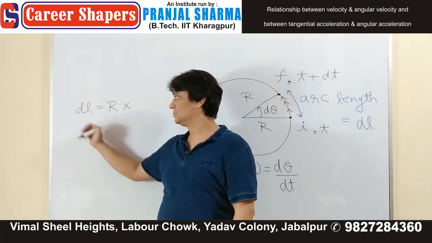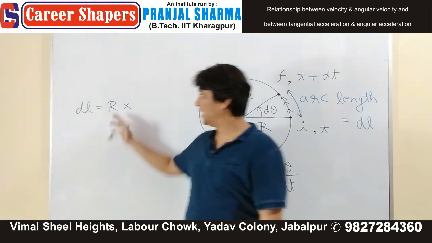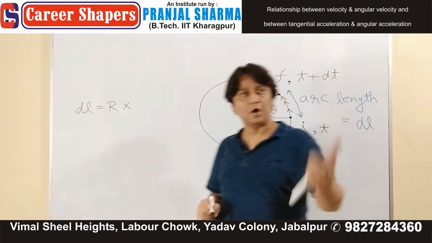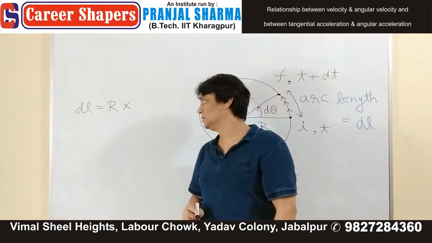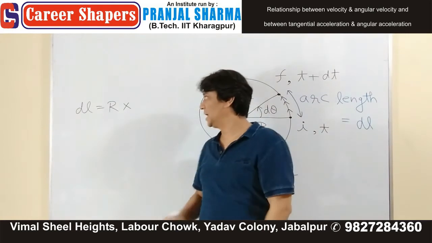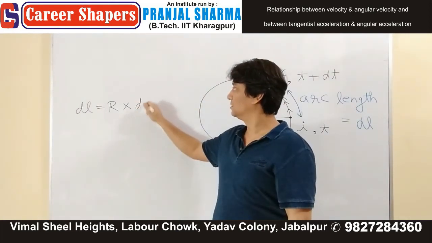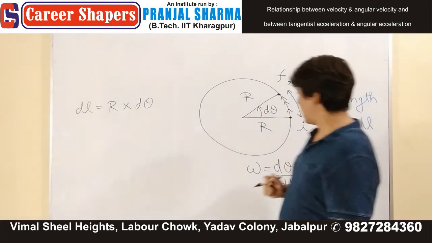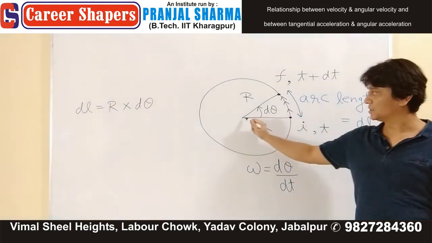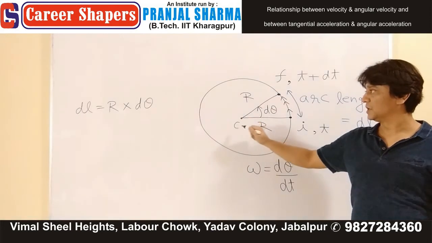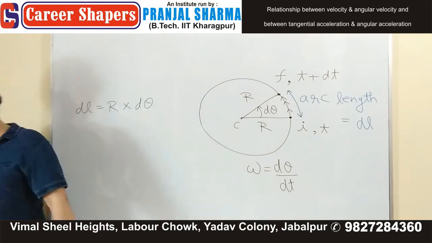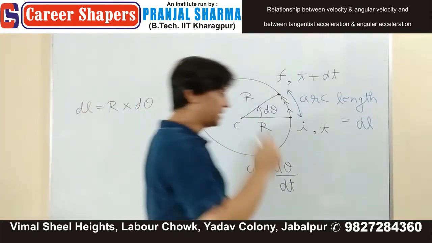Arc length is radius multiplied by the angle formed by the arc at the center. Angle formed by the arc at the center, in radians, not in degrees. We take this whole thing in radians.